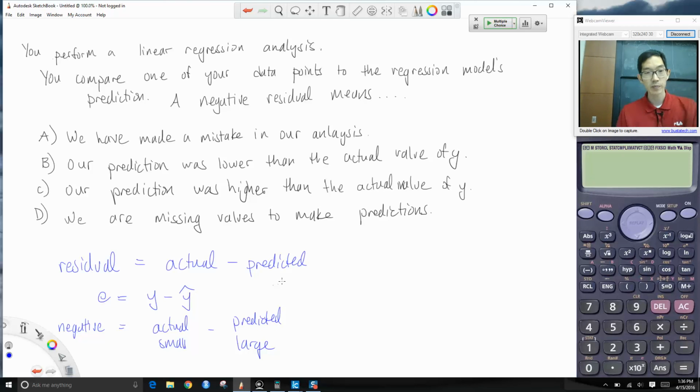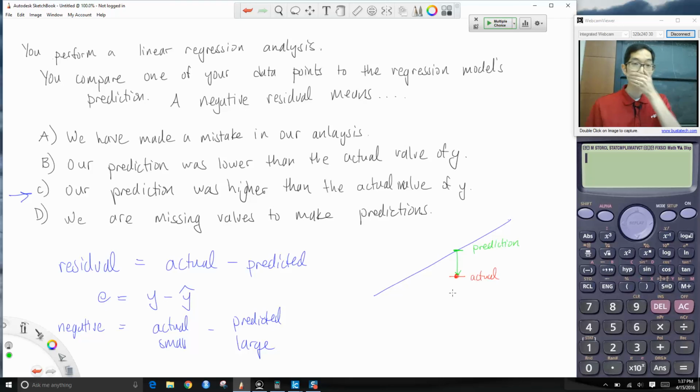The answer choice here is that our prediction was higher than the actual value of y. If you've got some kind of prediction line here, the actual data point is down here, and your residual is the distance from the prediction down to the actual. The fact that the actual is lower means we have a negative residual.